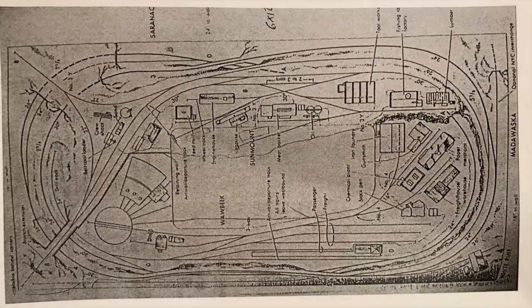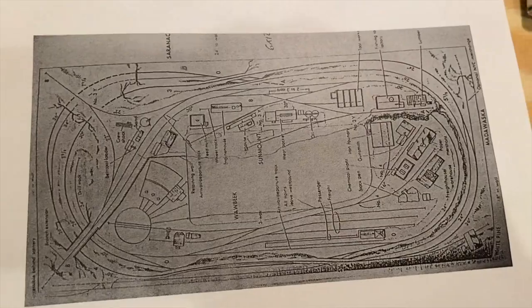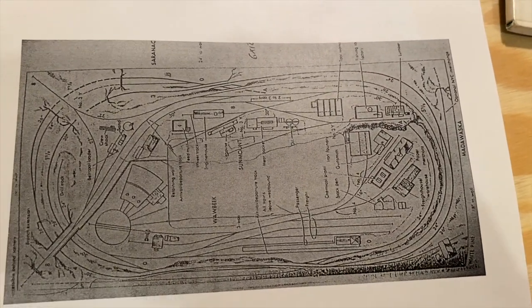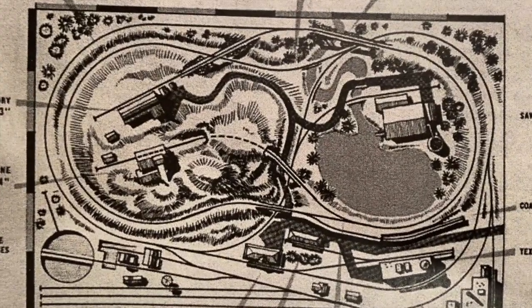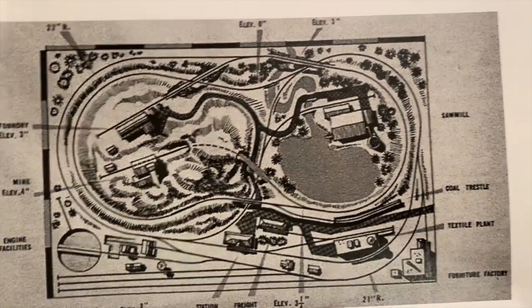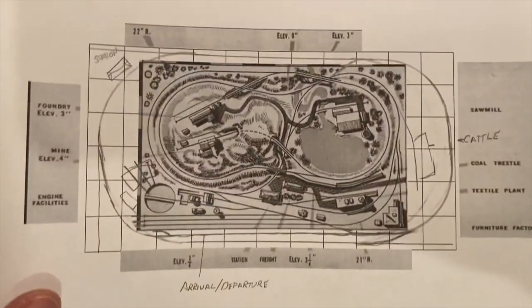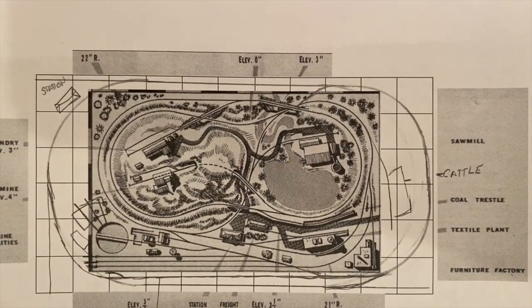Then I've been looking at other track plans, and I came across this one, which I thought was a really neat layout. So I copied it onto grid paper to see if I could put another loop around it.